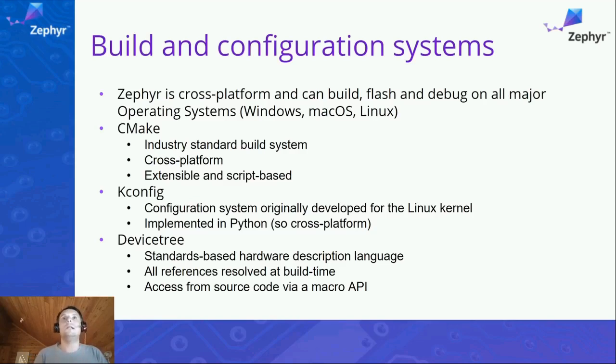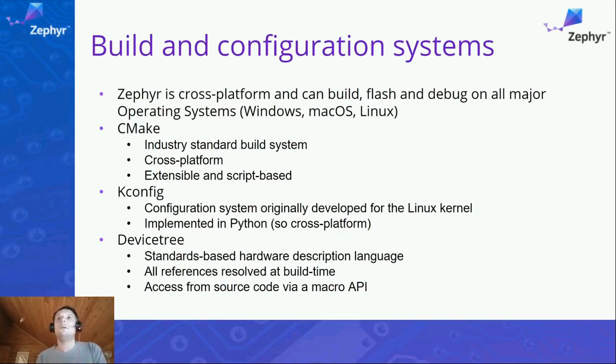So in Zephyr, we opted for industry standard systems. One is CMake. You probably know that already. It's cross-platform, extensible, script-based, very powerful and used by many successful projects. So that's what gives us the ability to build, track dependencies, and so on.